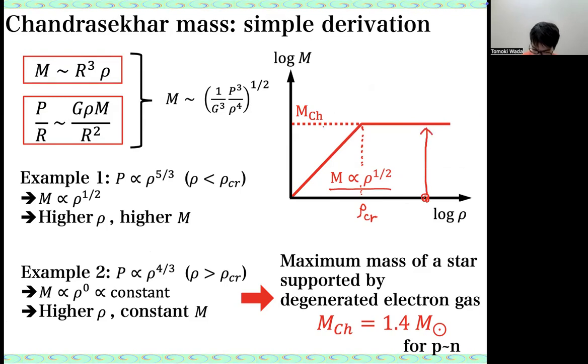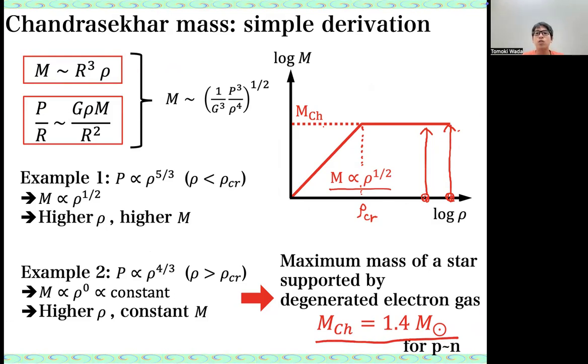This value is constant, and for a more dense case, mass is the same. And this mass is called the Chandrasekhar mass limit. We can calculate this mass, shown here, 1.4 solar mass.